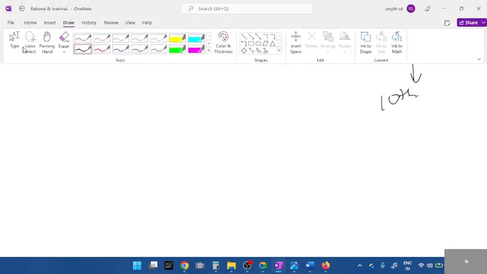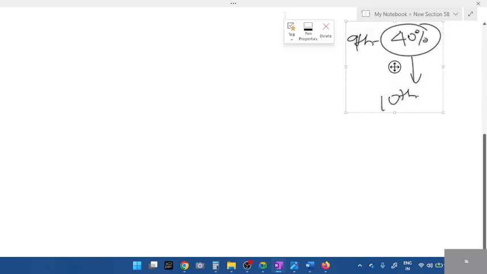Both are interlinked, ninth and 10th. Whatever you study in ninth, 30 to 40% of the concept will get repeated for 10th. So concentrate, only then you will understand the logic.